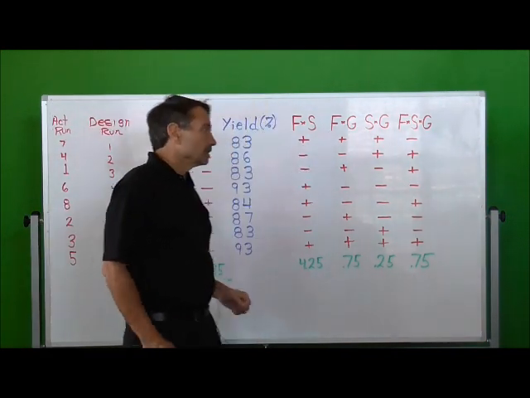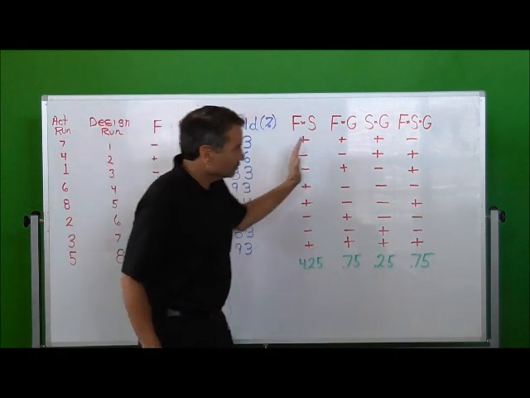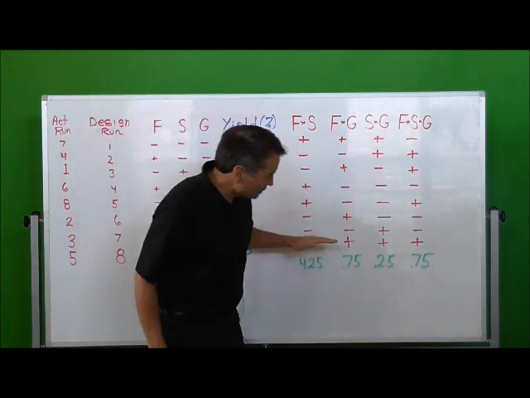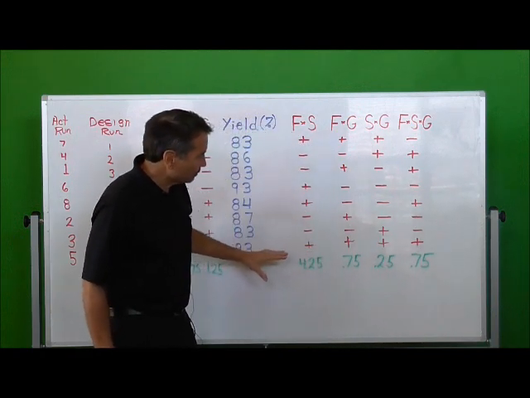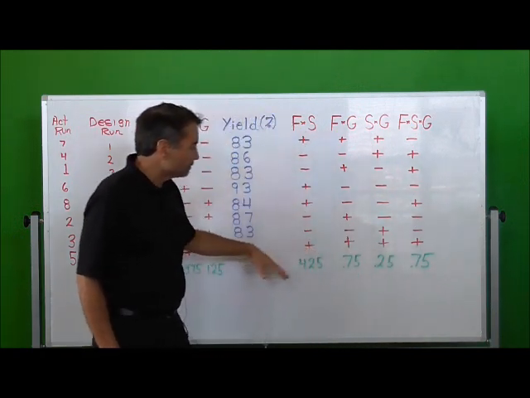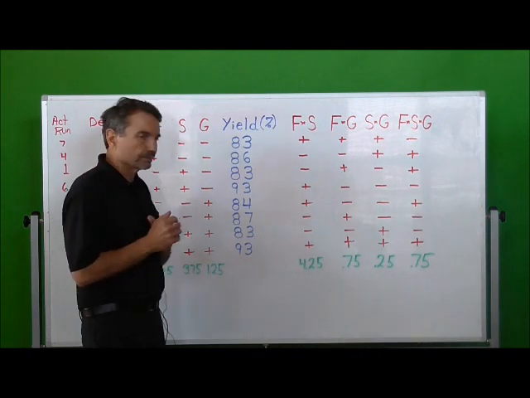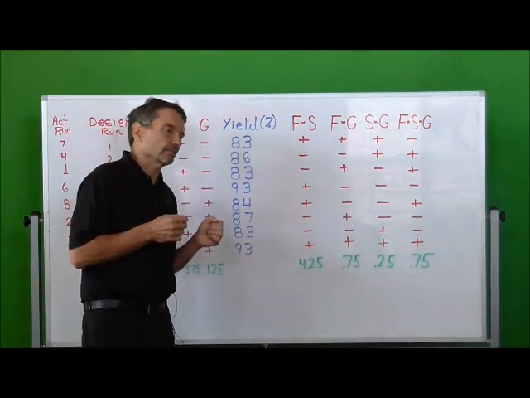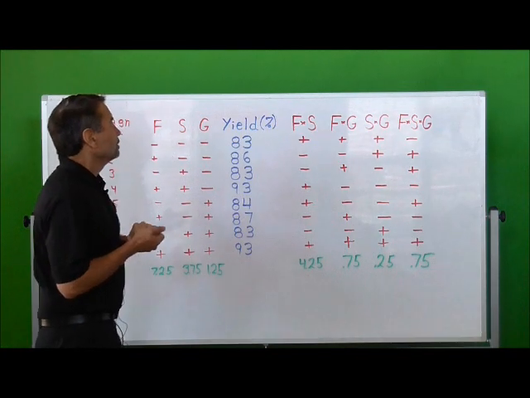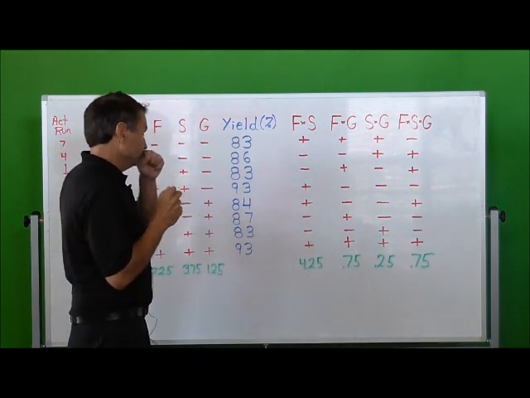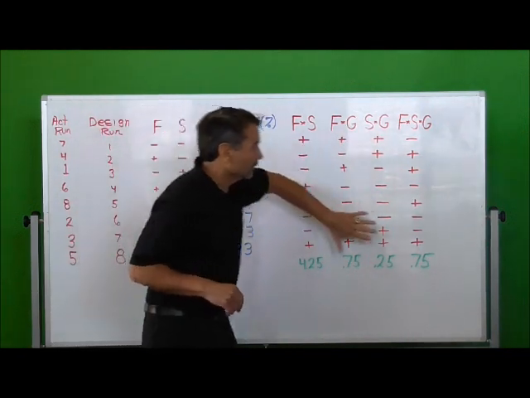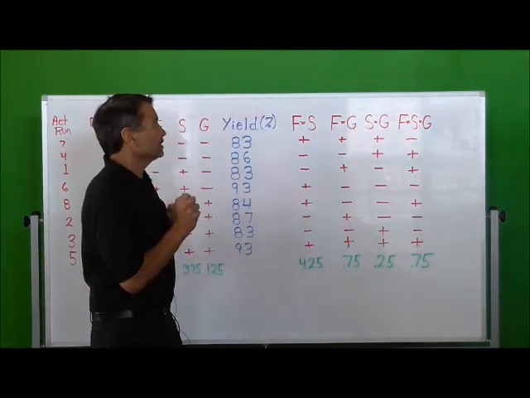We'll go through the computation of it, and when we do that, I'll show you how to come up with these numbers down here. These numbers down below represent the main effects and what are called the interactions. But let's start now with the development of all these numbers inside the table of contrast.